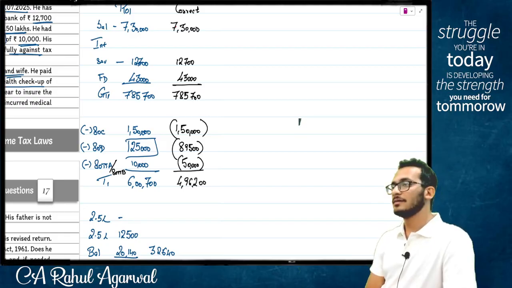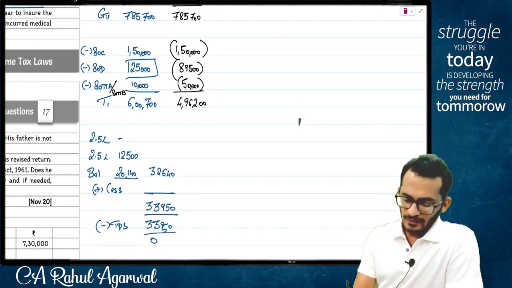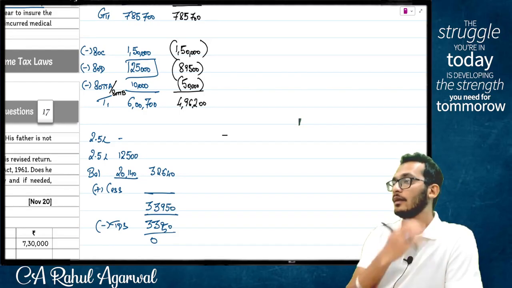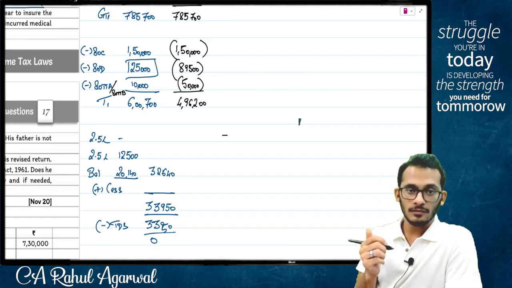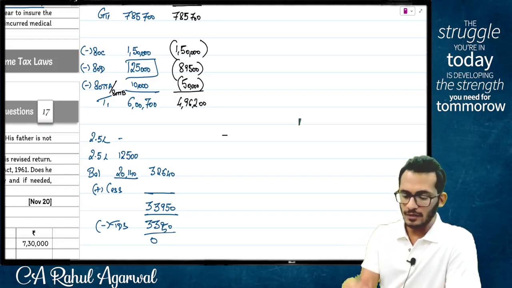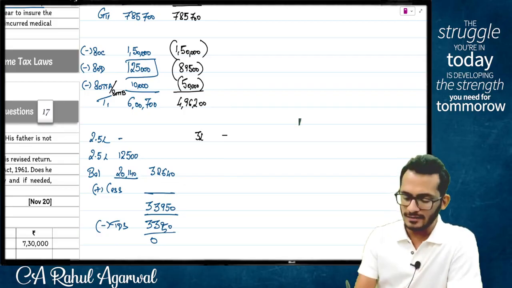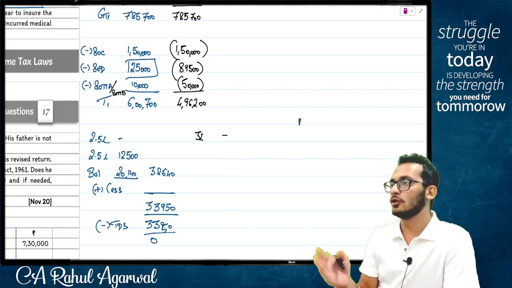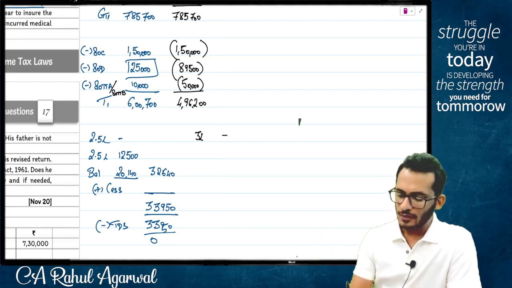People, with my revised income being 4,96,200, one thing is fairly clear. My first 2.5 is 0. For the balance, I have a 5% rate. For the first 3 lakhs, it is 0. For the next 2 lakhs, I don't have to do the full amount. I have to only do 1,96,200 at the rate of 5%.